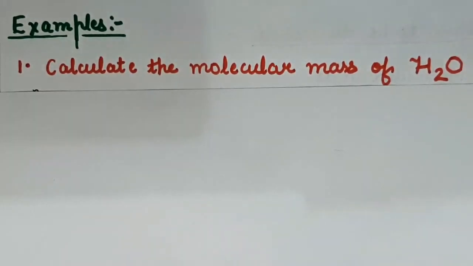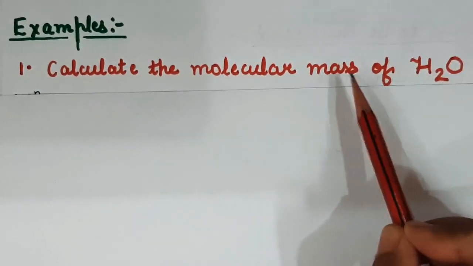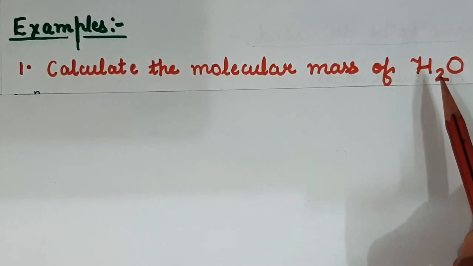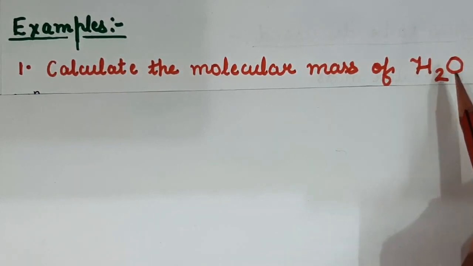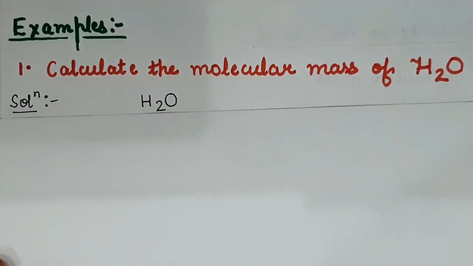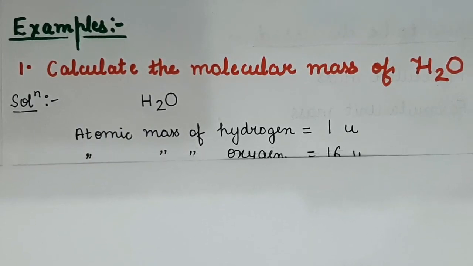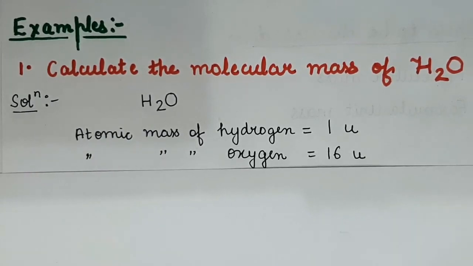First example is calculate the molecular mass of water. That is H2O. So how to calculate? You should know what is the atomic mass of hydrogen and what is the atomic mass of oxygen.